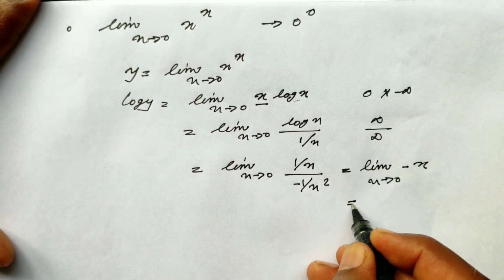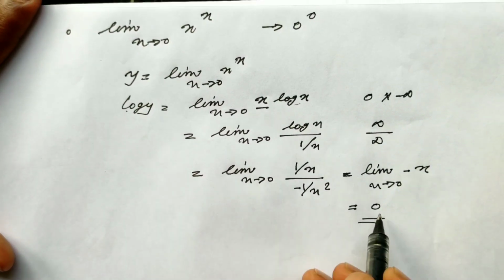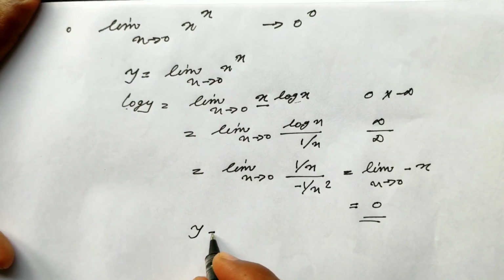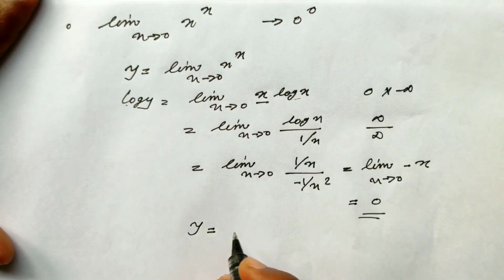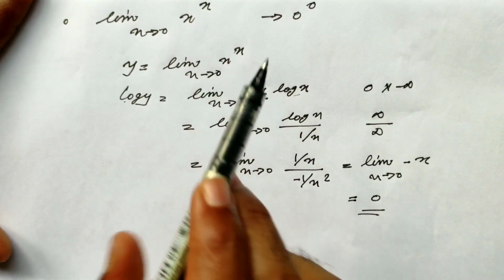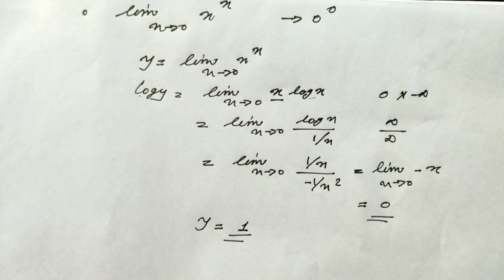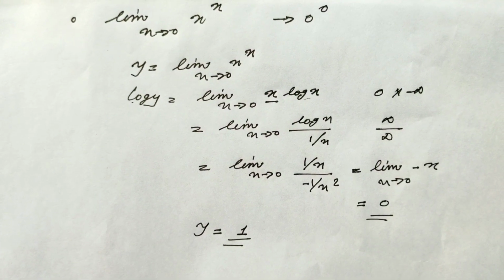So it is equal to 0. That is, we got log y as 0, therefore y equal to 1. So final answer for the question, limit x tends to 0 x raised to x is 1, and it is a typical application for the L'Hospital rule.